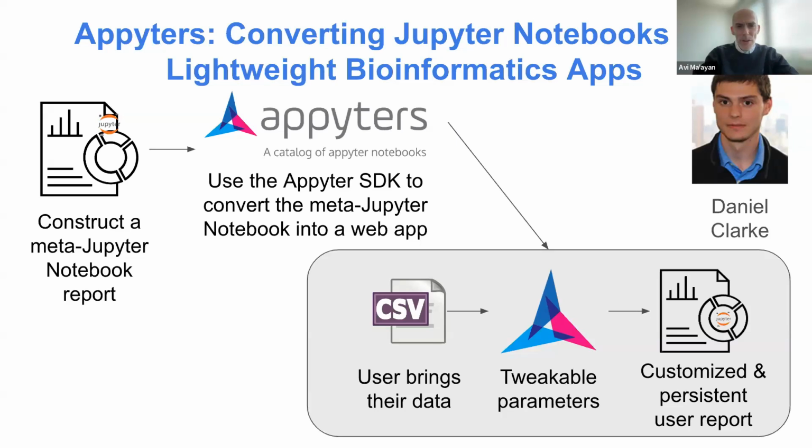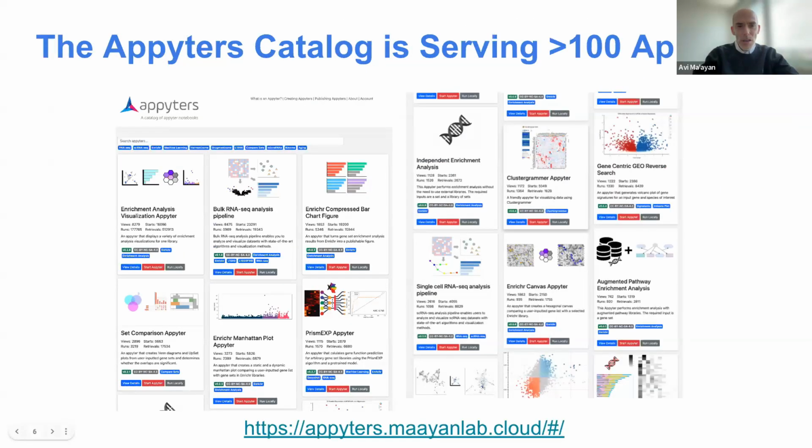So far, we published over 100 of those Appyters, and those are also widely used by the community for various types of bioinformatics analyses.